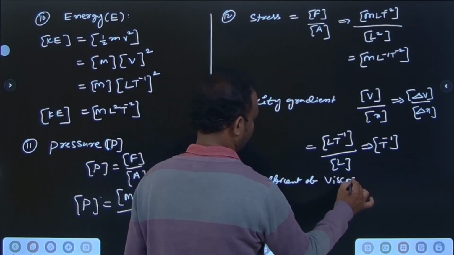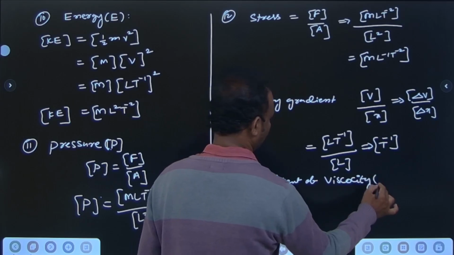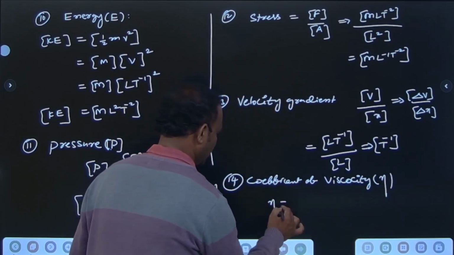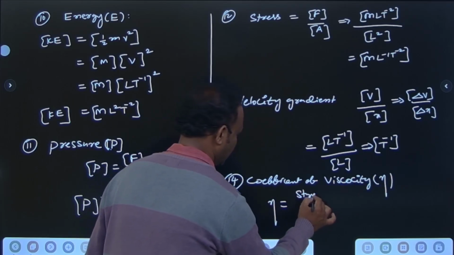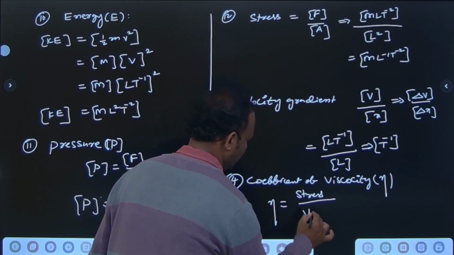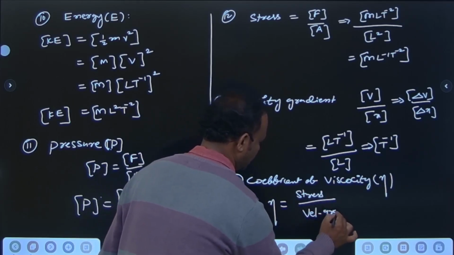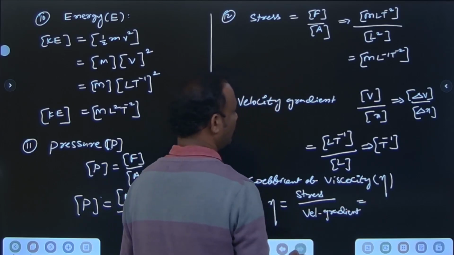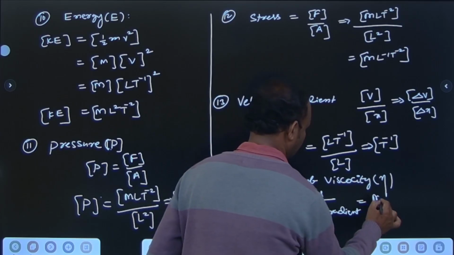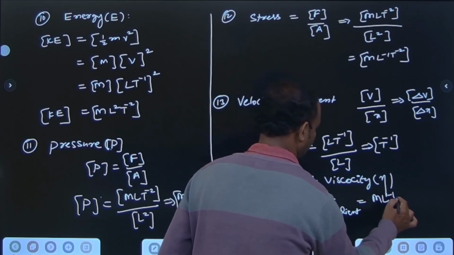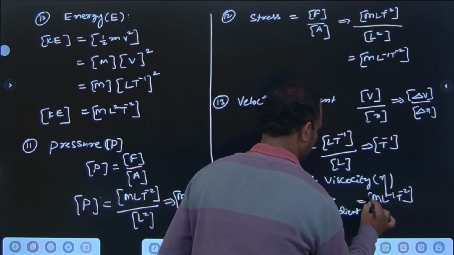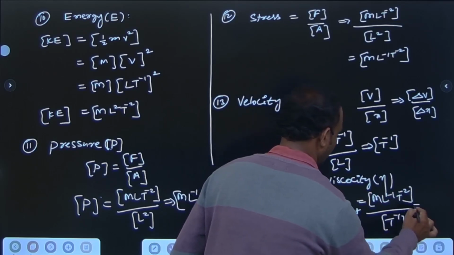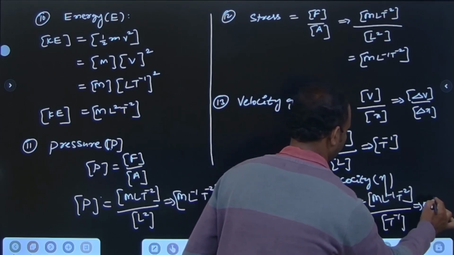So for the coefficient of viscosity, eta is equal to stress by velocity gradient. The stress dimension formula is M L minus 1 T minus 2, and the velocity gradient is T minus 1.